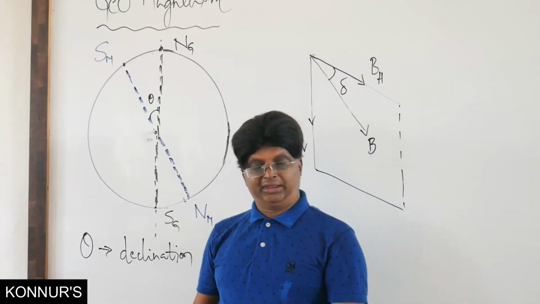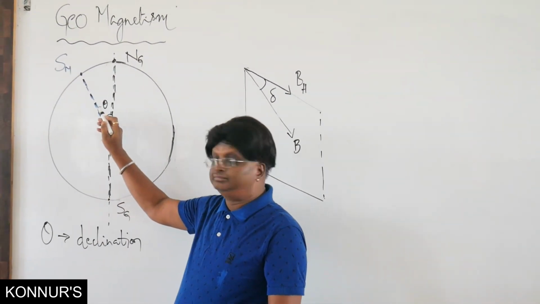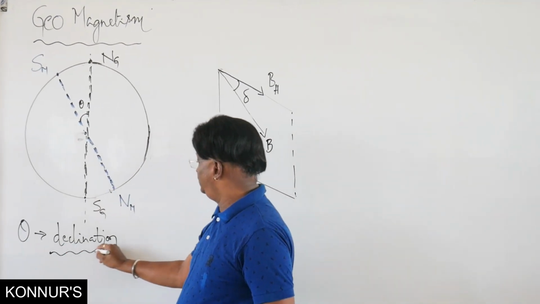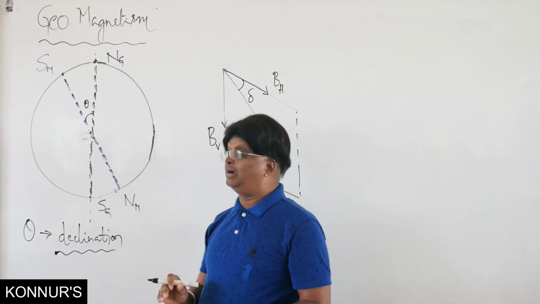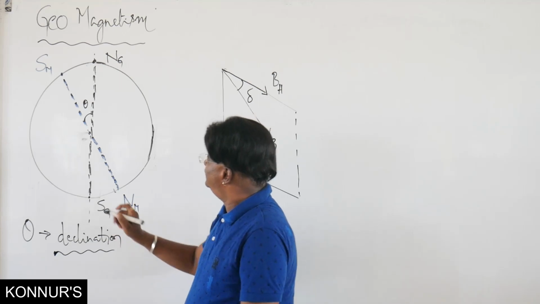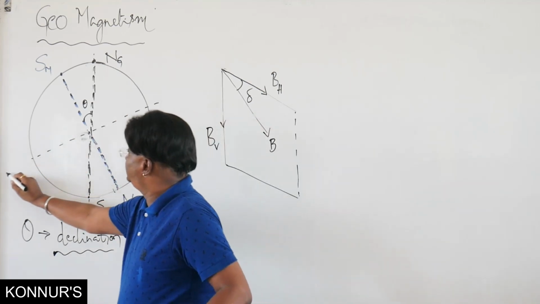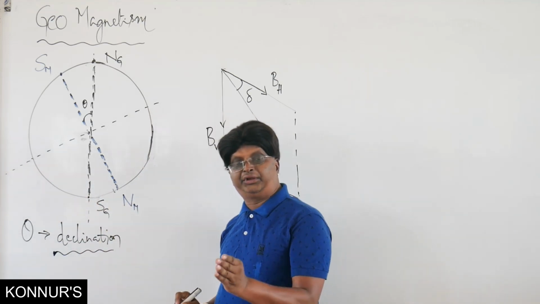So at a given place, the angle between the magnetic meridian of the Earth and the geographic meridian is what is popularly called the declination. Since we have now drawn this angle, do remember, this becomes the magnetic equator for Earth. We have the geographic equator.